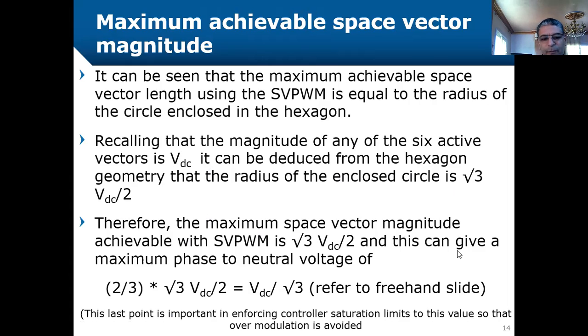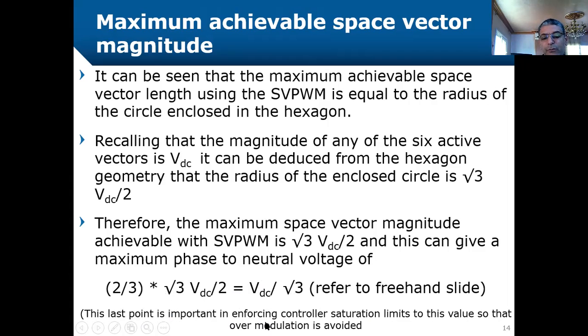And this can give a maximum phase to neutral voltage of 2 by 3 of it. Please refer to the freehand sketched slide. We say that the maximum phase voltage is 2 by 3 multiplied by the space vector magnitude. This is the maximum achievable space vector magnitude, and to get the phase value, we multiply it by 2 by 3. This will give us VDC by square root of 3.